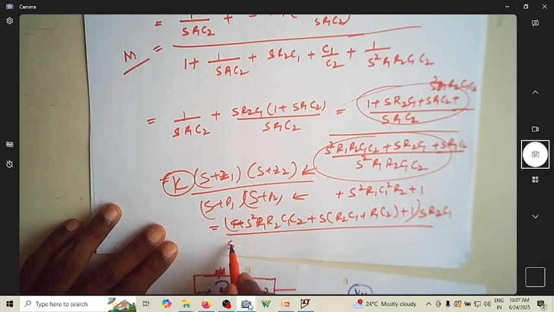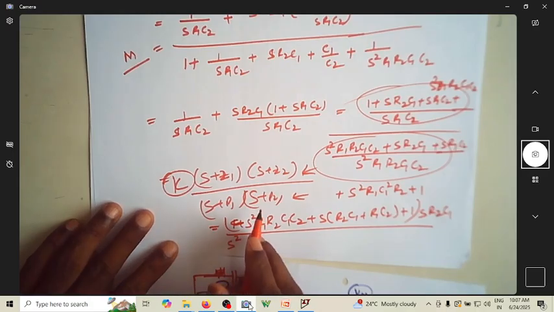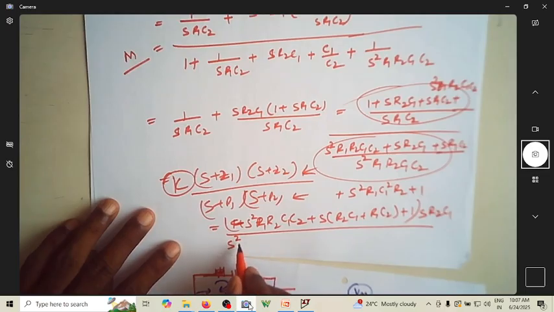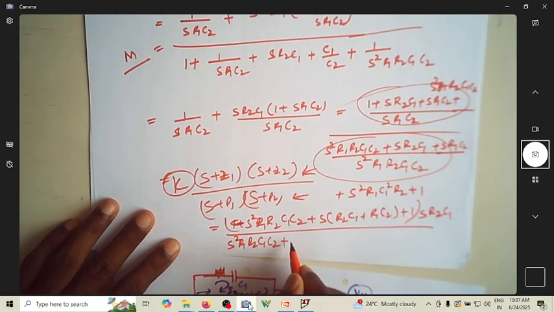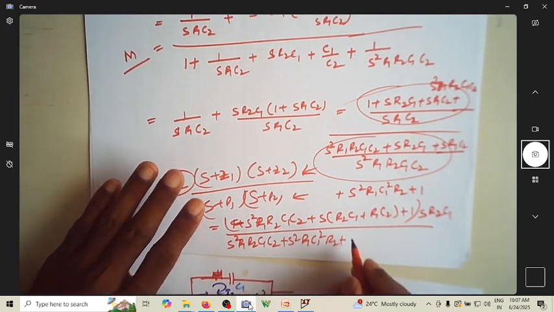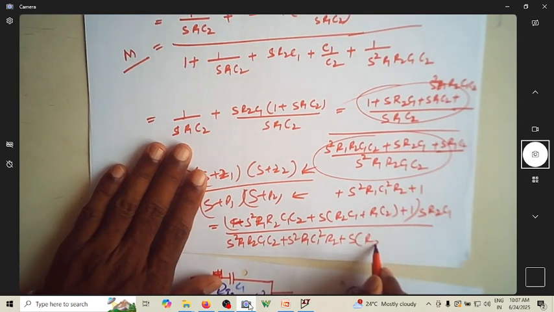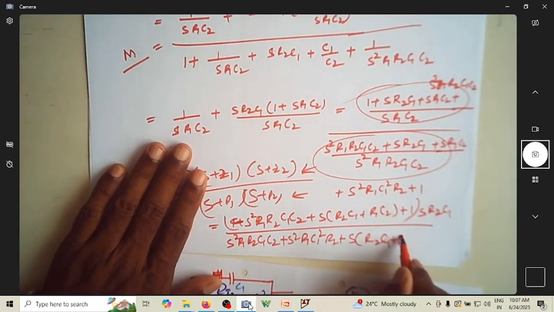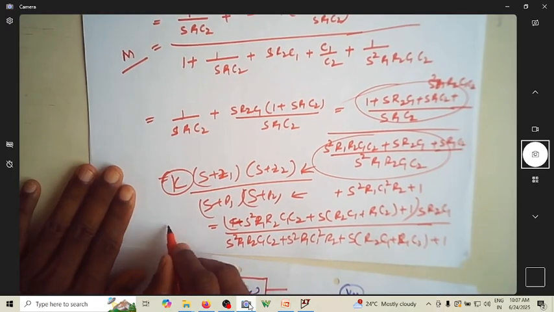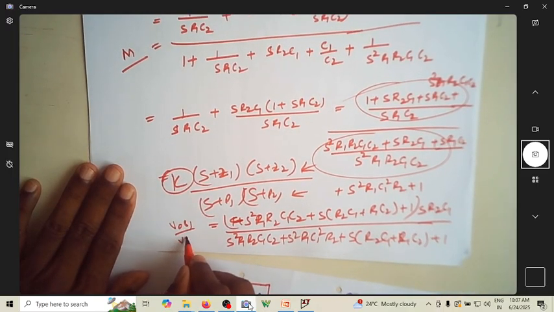Denominator will have S square R1 R2 C1 C2 plus S square R1 C1 square R2 plus S into R2 C1 plus R1 C2 plus 1. This is the overall transfer function V naught of S by V in of S.